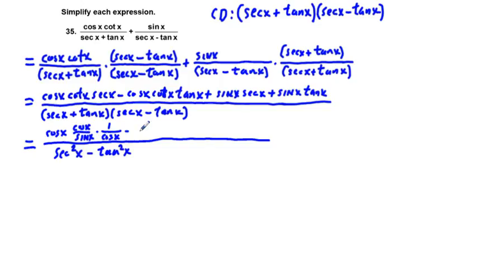And we're going to have minus the second one here, cosine x and cotangent x, which is cosine x over sine x, and then tangent x we rewrite as sine x over cosine x.